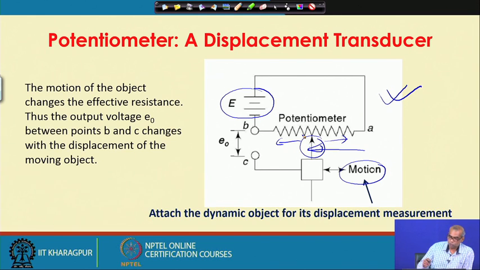Thus, the output voltage E 0 between points B and C changes with the displacement of the moving object. So, the output voltage E 0 is a measure of the displacement of the moving object.